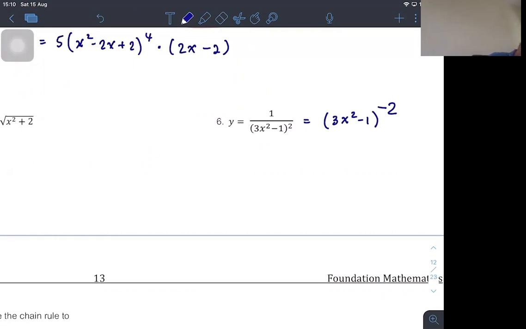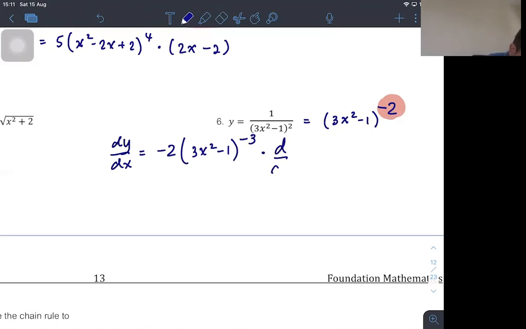So I start with dy by dx, and you diff outside first. Diff outside will give us -2, times the whole bracket, and the power becomes -3. And then times by the diff inside.